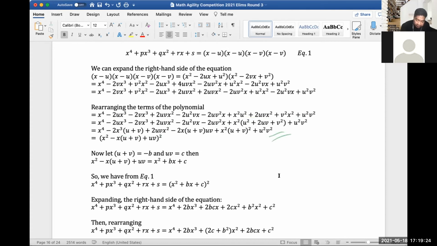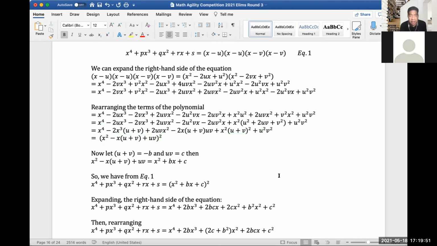So x squared here and uv squared here and x to the fourth. And then the middle term here would be x plus uv. Okay, here. So if you try to expand this, you will get the step here above, right?